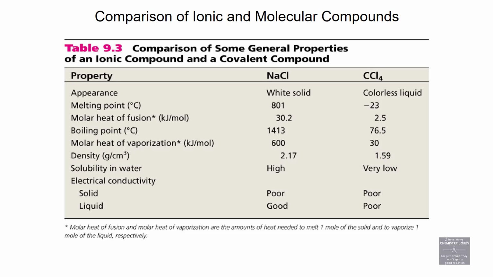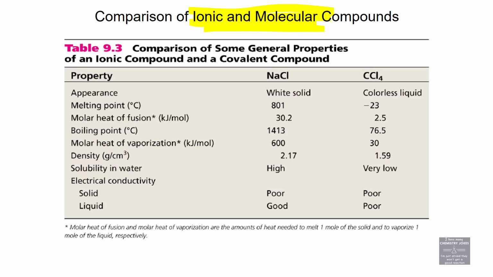Way back when, I don't know, August, September, we talked about classifying compounds as ionic or molecular. And when we talked about classifying something as ionic or molecular, what did we use to describe them? How do we know if it's ionic or molecular?